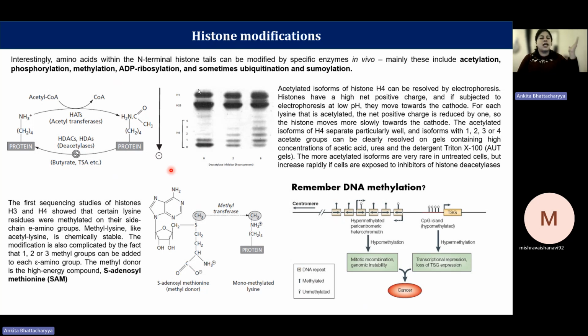Now, when there is the addition of an acetyl group, it disrupts this interaction between the DNA and the protein, because now the protein is also carrying a negative charge. As a result, the intensity with which DNA and protein could have interacted with each other is lost.